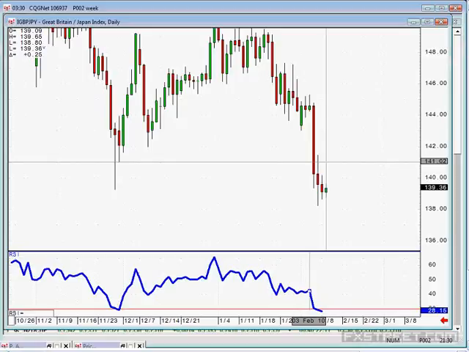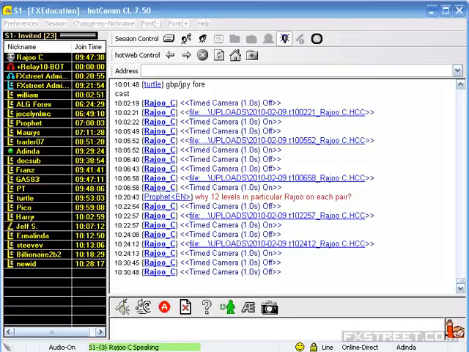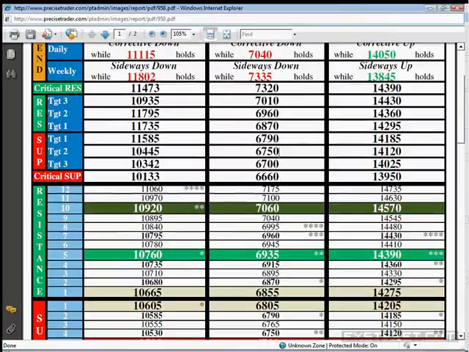Okay. The next question is why 12 levels in particular? You see, the thing is, let me get that screen back again. We have come up with this report after many years of research, and we have put in 12 levels because basically it can be valid for the whole day.